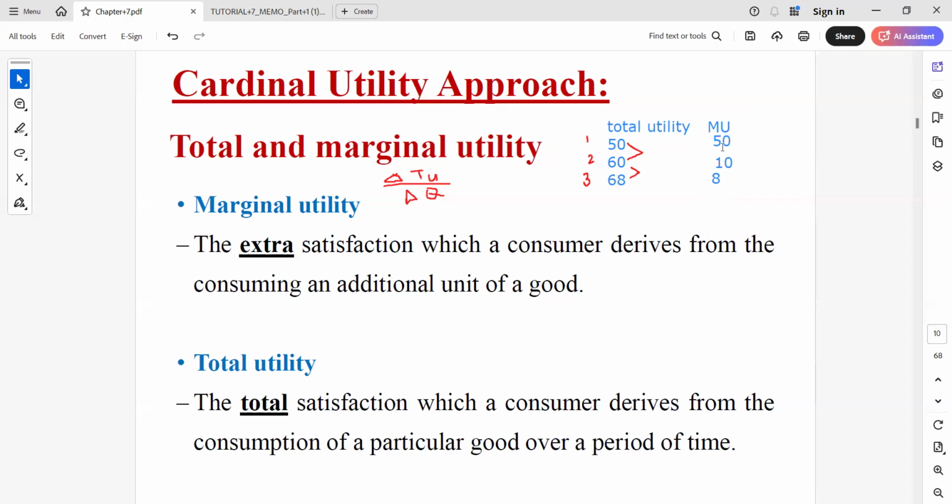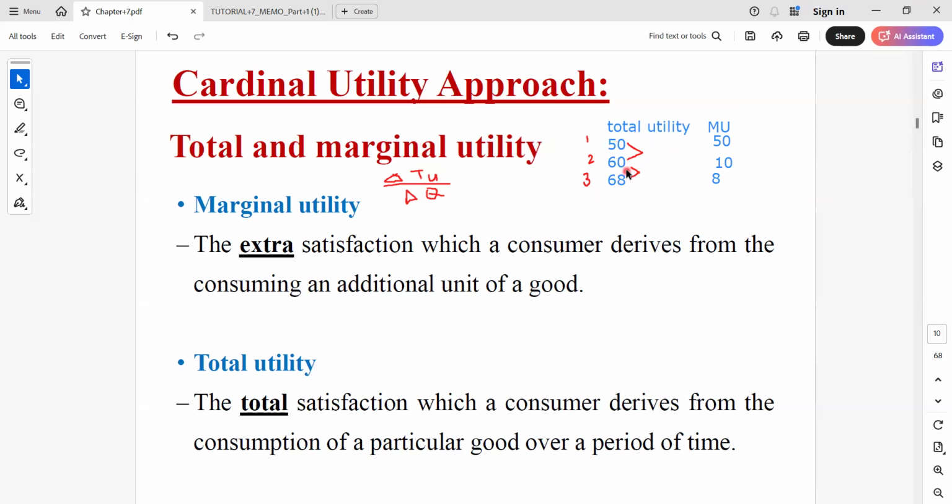Can you see now that this is the extra satisfaction that you get? When you consume your first burger, the total utility you got was 50. Your satisfaction was high, and we gave it a number, a utile, which is 50. When you ate your second burger, your satisfaction was also high, and now it's 60.